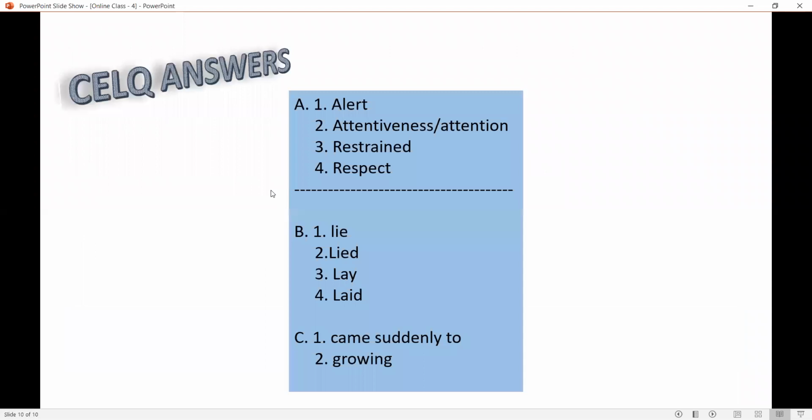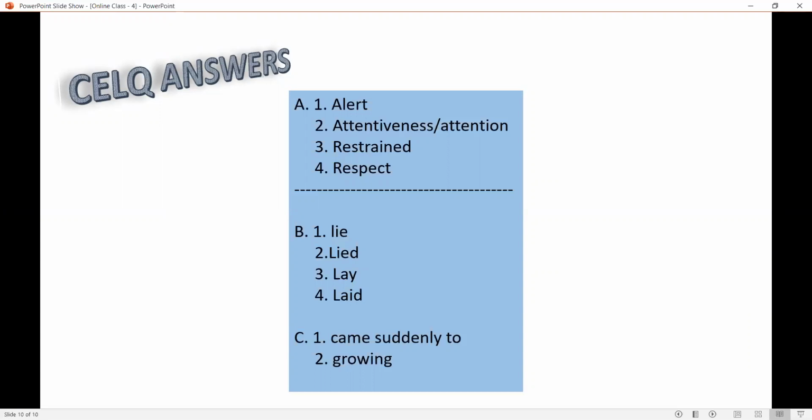Now, in this slide, you can see the answers for the quiz questions. The first question was, you are asked to write the adjective form of alertness. The adjective is alert. And next is the noun form of attentive.